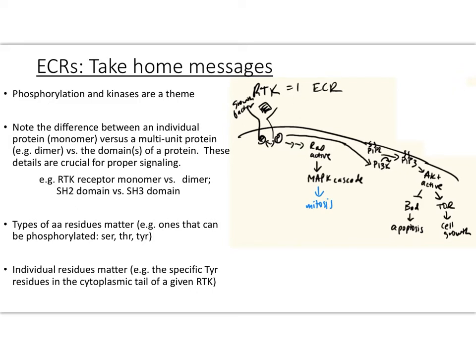Next, let's talk about the types of amino acid residues, so AA residues. The types of residues found within a particular protein matter. Obviously, they matter for protein folding and protein function, but in particular for all this phosphate and kinase talk, the important ones to keep track of are the ones that can be phosphorylated. The only amino acids that can be phosphorylated are serine, threonine, and tyrosine.